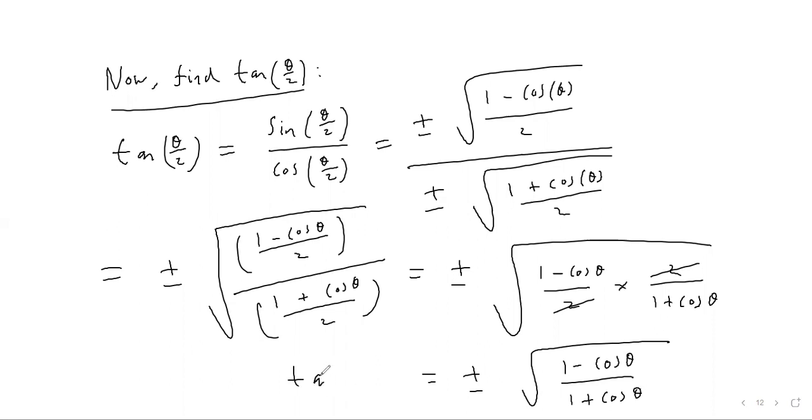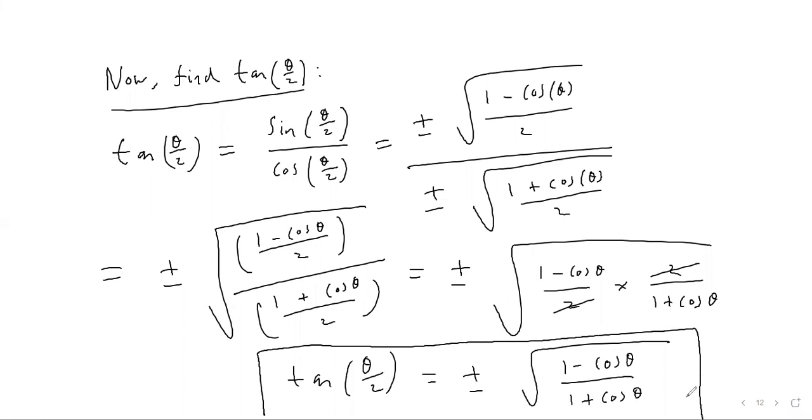And this is the half angle formula for tan. So tan of a half theta is plus or minus the square root of 1 minus cos theta over 1 plus cos theta. And again, it can be positive or negative. Tan can take both positive and negative values. So that's our proof of the half angle formula for tan.